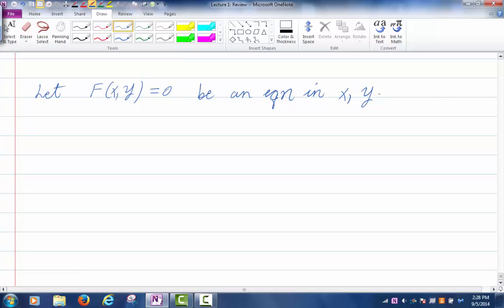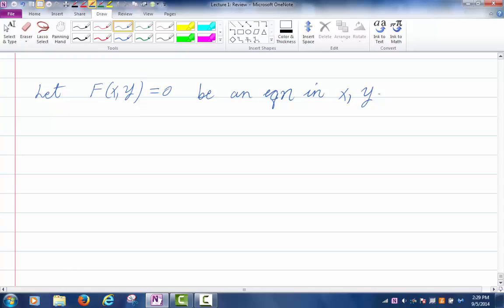What do I mean by f of xy? I mean that f of xy is some sort of expression in x and y. It could be x plus y, it could be x squared minus y squared, it could be root of x plus y. Okay, so f of xy here represents something in terms of x and y. And so you have an equation involving x and y. So whenever you have an equation in x and y, it has a graph.